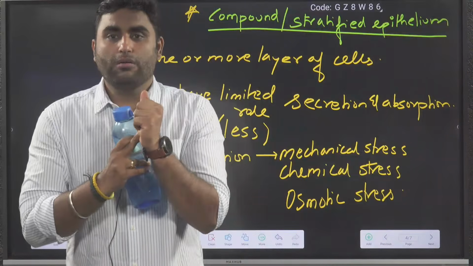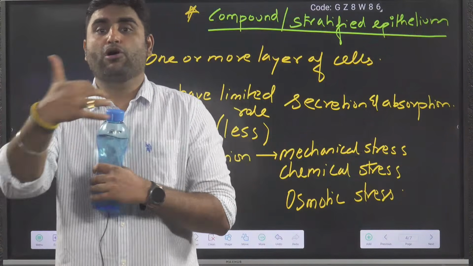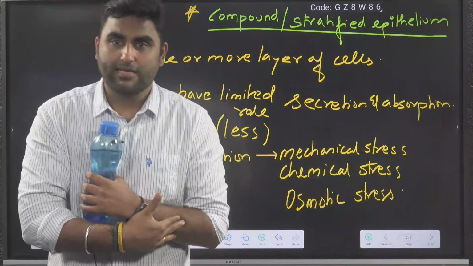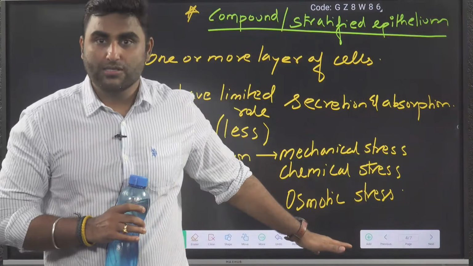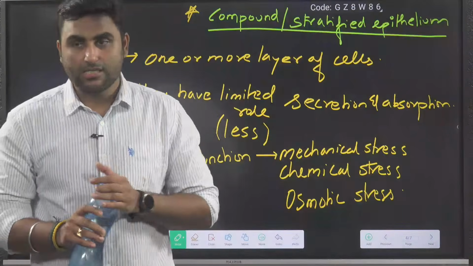Yes or no? But your hand is not going to lose a lot of water, and it will also not allow a lot of water to come inside your hand. Yes, because this multiple layer of skin cells is protecting you from the osmotic changes. So that is protecting you against osmotic stress.